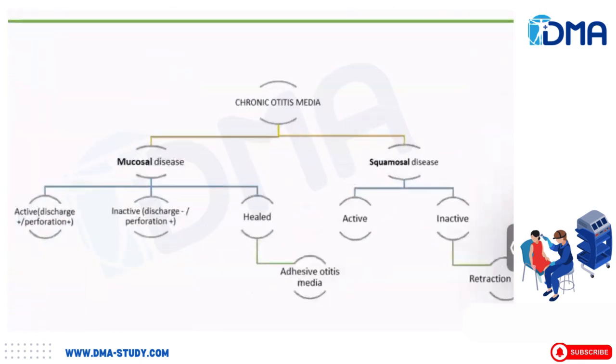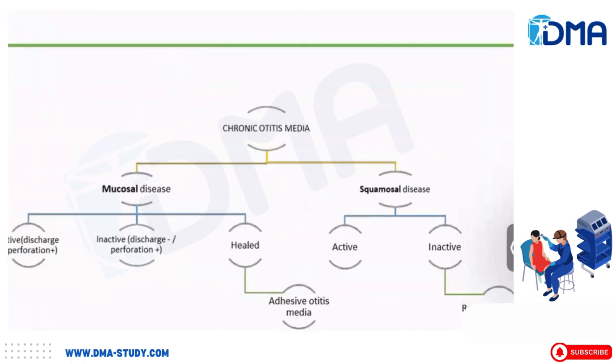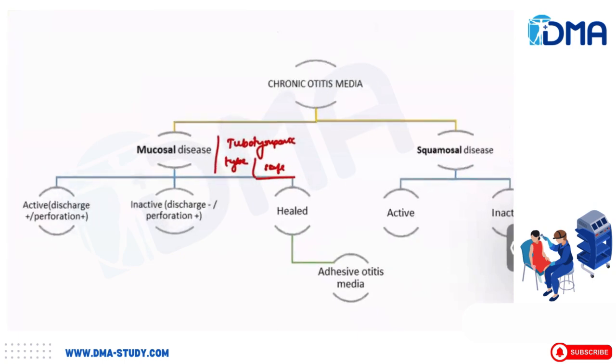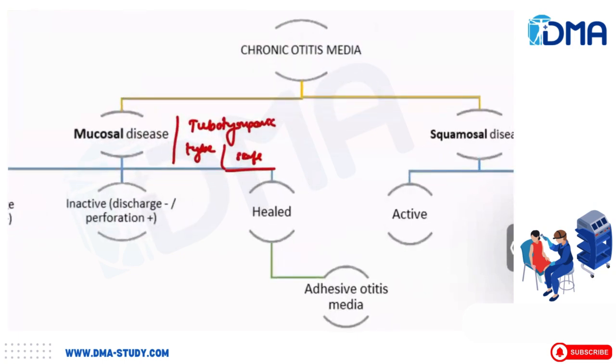Let me tell you the classification of chronic otitis media. We are seeing the CSOM classification. It is divided into two types: mucosal disease and squamous disease. The other names for mucosal disease are tubotympanic type and safe type.